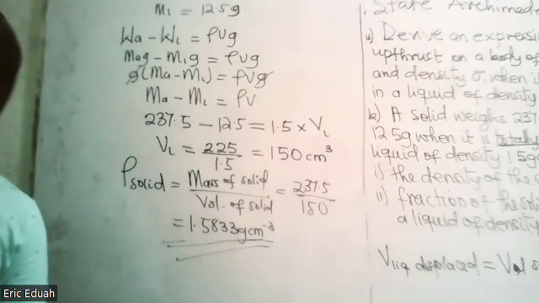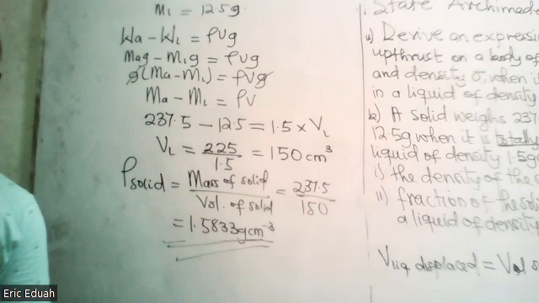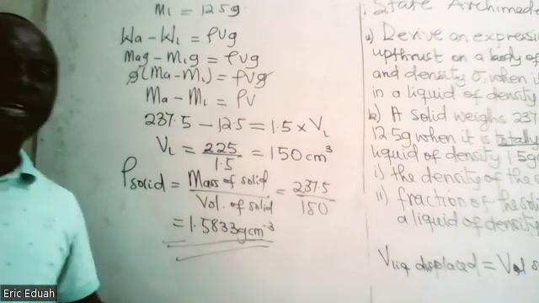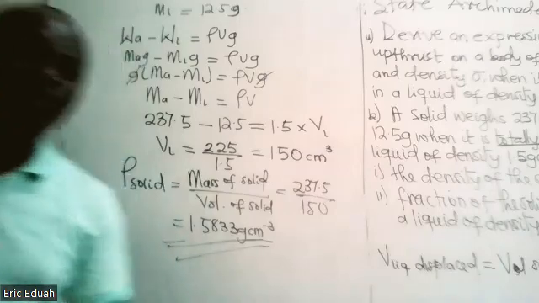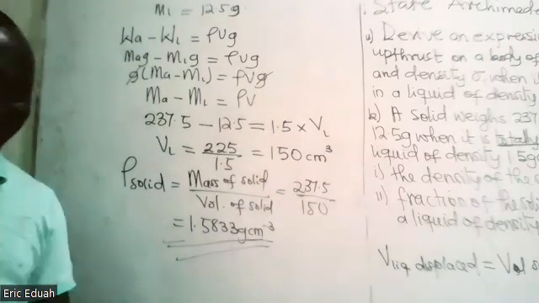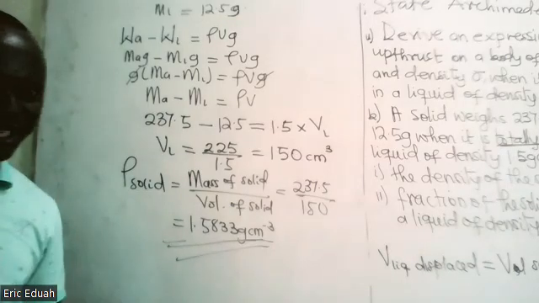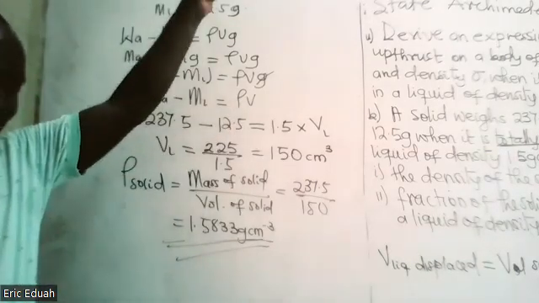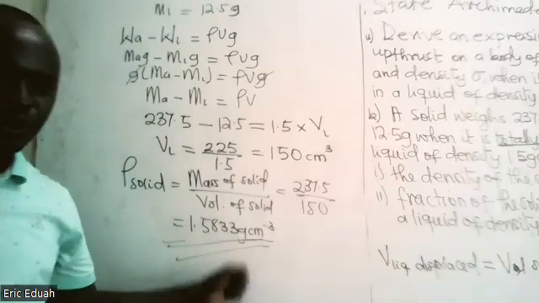Please, when asked to find the density of an object, is it always that you have to use the kilogram per meter cube? No. That is why we looked at the two different possibilities. That's the reason why I did the first one with you and am doing this with you.